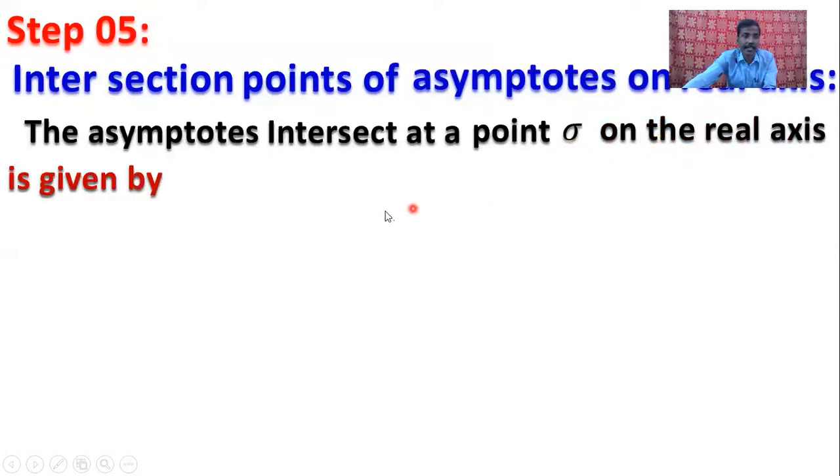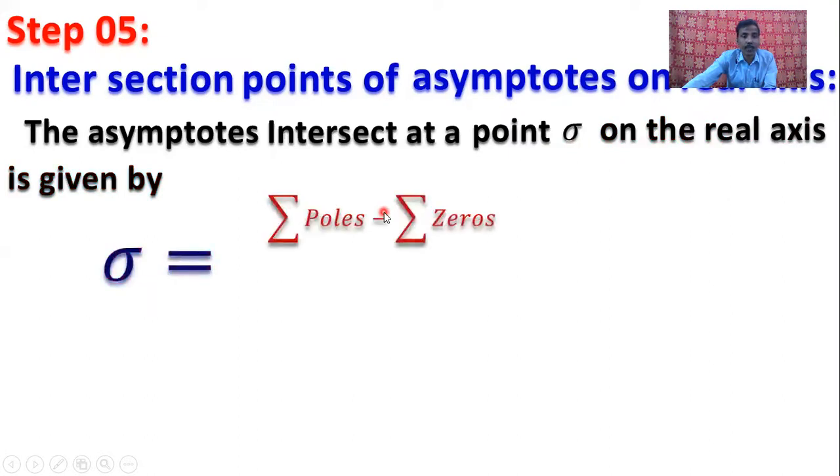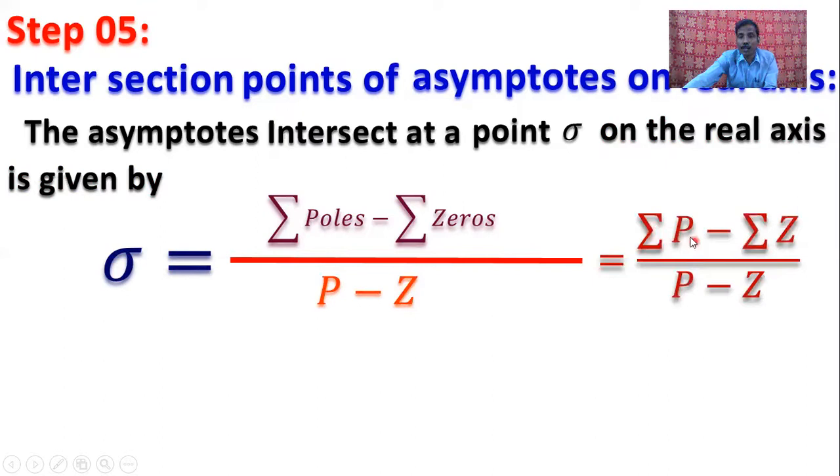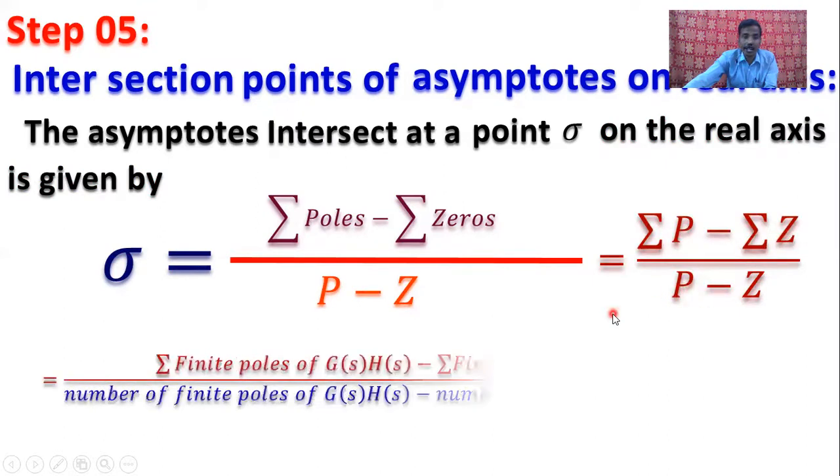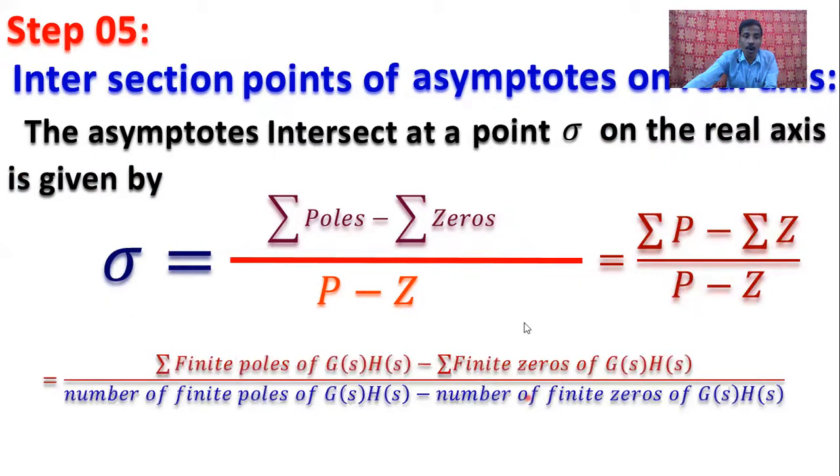Sigma is given by the summation of poles minus the summation of zeros, divided by poles minus zeros, that is, the summation of finite poles of G(s)H(s) minus the summation of finite zeros of G(s)H(s), divided by the number of finite poles minus the number of finite zeros.